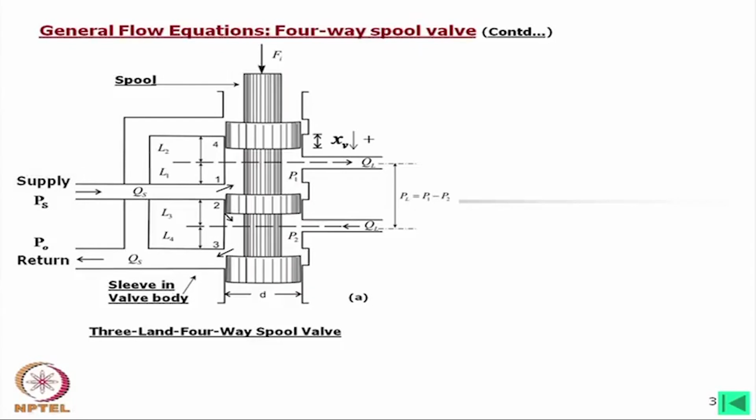Now, here I would like to mention that we can directly put this spool inside the valve body, making a bore of this size and groove for the valve. But there are some problems.